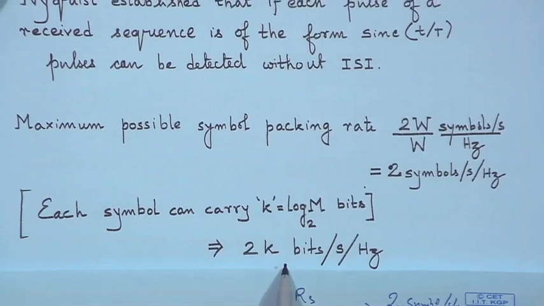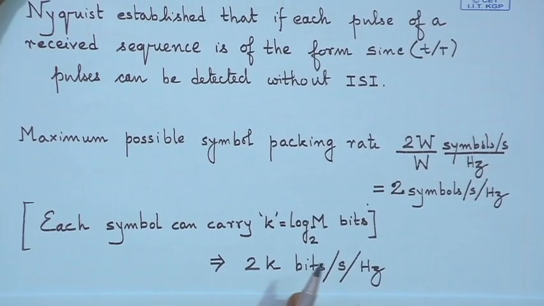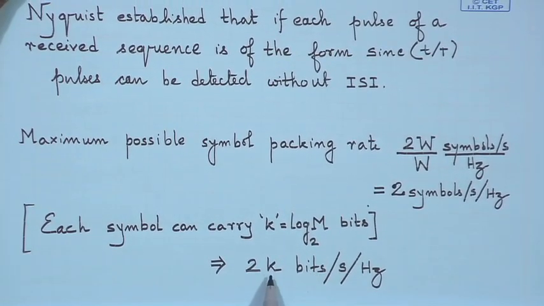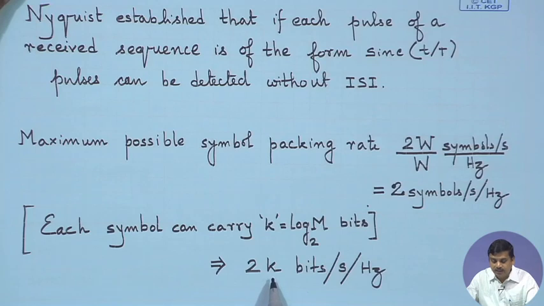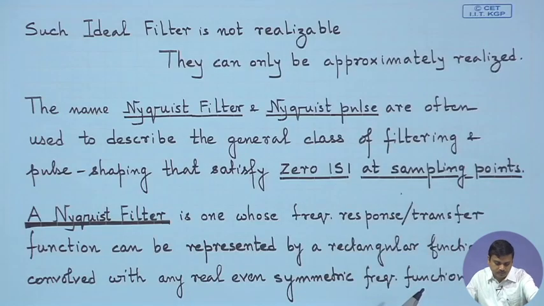So, that means what you have is 2k bits per second per hertz. This is the maximum symbol packing. As we increase k, we get higher and higher spectral efficiency. And what we find is that in case of PAM, the spectral efficiency is achieved by spending power or energy at the transmitter. This is what we have seen already.